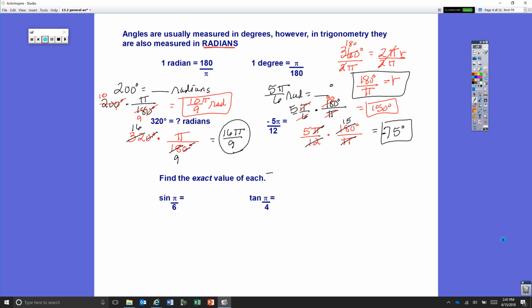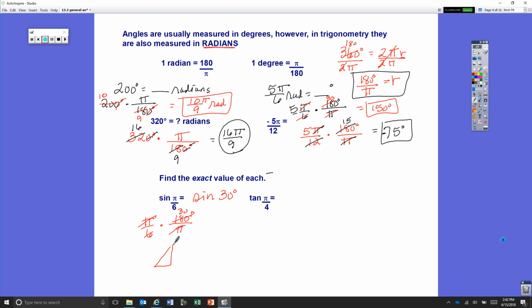So how about if we're asked to evaluate our trig functions that we learned yesterday when we're given in radians? Well, sine of pi over 6. Well, pi over 6 is how many degrees? So I want the degrees, so I put it in the numerator over pi. The pi's reduce. 6 goes into 180, 30. So this is equivalent to the sine of 30 degrees.